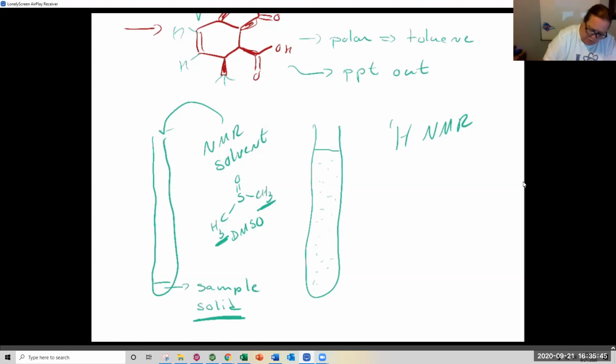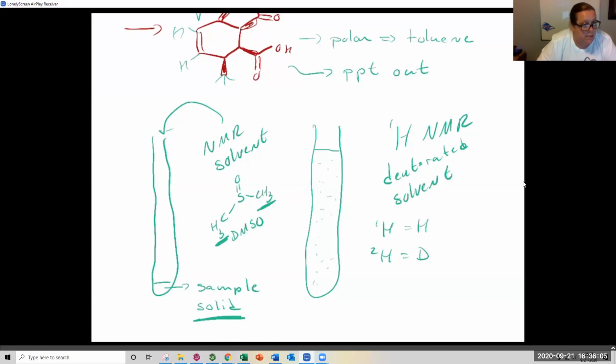So what we use is deuterated solvents. We know that H1 is hydrogen, and H2 is the deuterium atom. Hydrogen is the only atom whose isotopes have their own atomic symbol.